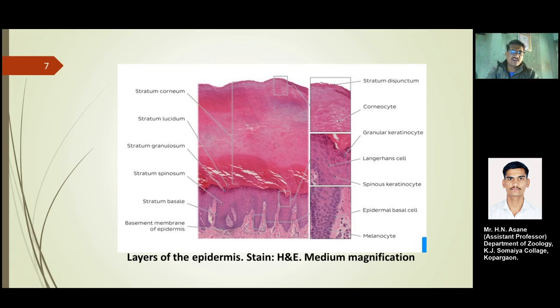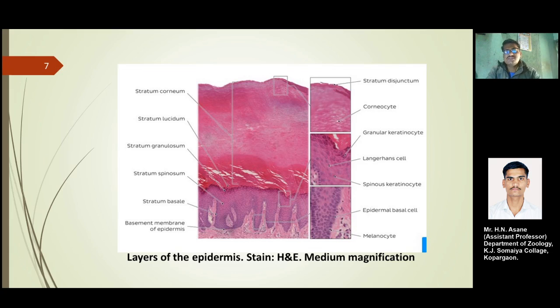Just beneath the stratum corneum, you can see the stratum lucidum, and the stratum granulosum just below the stratum lucidum, the pinkish dots you can see. And the stratum basale is the base, or the basement membrane, of the epidermis.